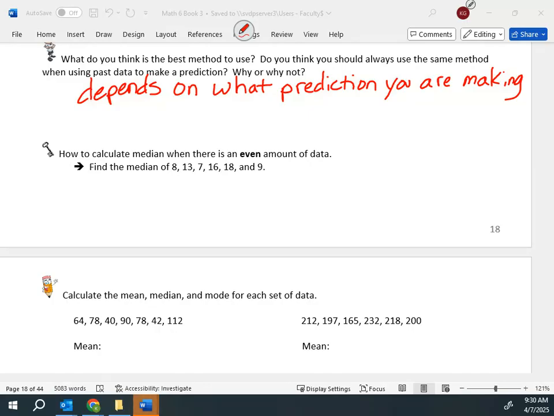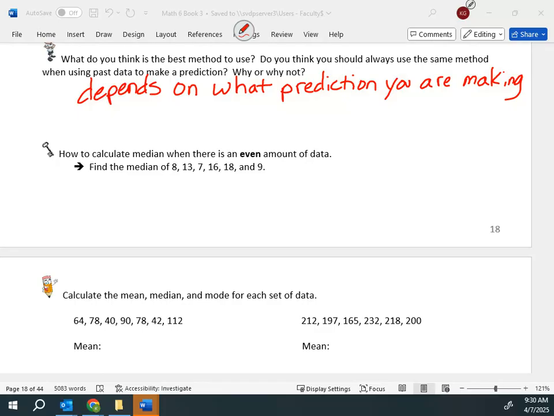So look back at our original question. Your coach asked you to predict how many points your team will score in the 10th game. We know our average score is 24. We know our median score was 23, and our mode was 22.